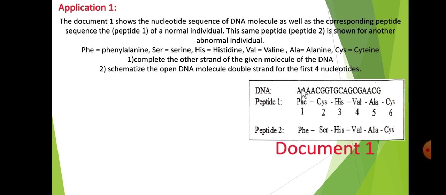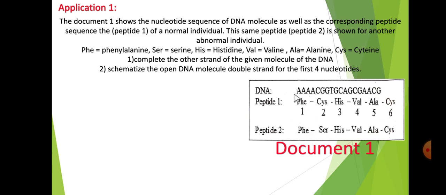So here we have the document 1, here we have the DNA molecule, here we have peptide 1 and peptide 2. Each is a sequence of amino acids, as you know. Peptide 1 belongs to the normal individual while peptide 2 belongs to the abnormal individual.